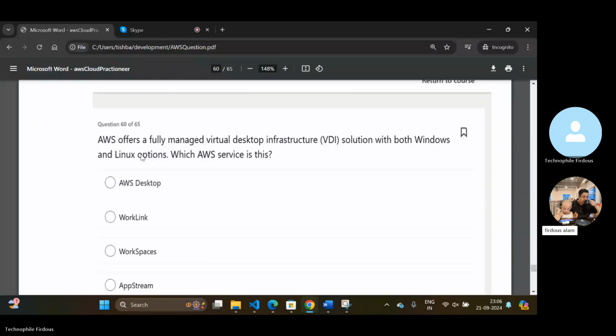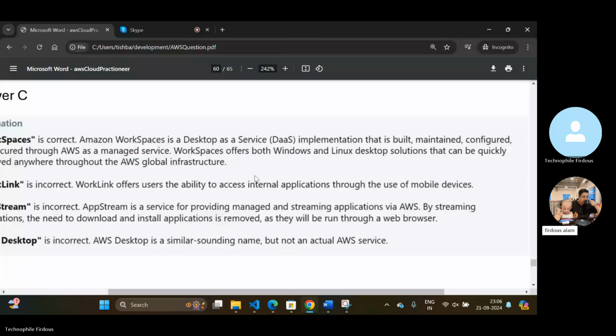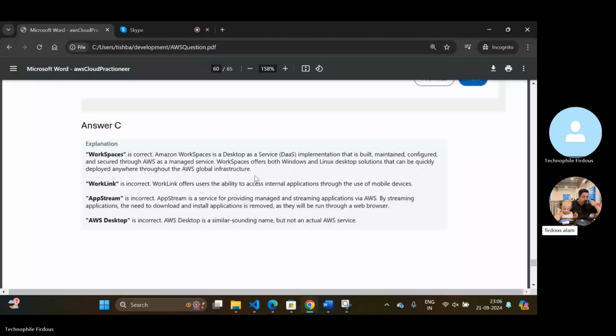AWS offers a fully managed virtual desktop infrastructure, the VDI. We're talking about the VDI solution for both Linux and Windows. Which service does AWS provide as the virtual desktop infrastructure? The answer is WorkSpaces. You can see the explanation, and in the explanation, all the answers have been correctly written.